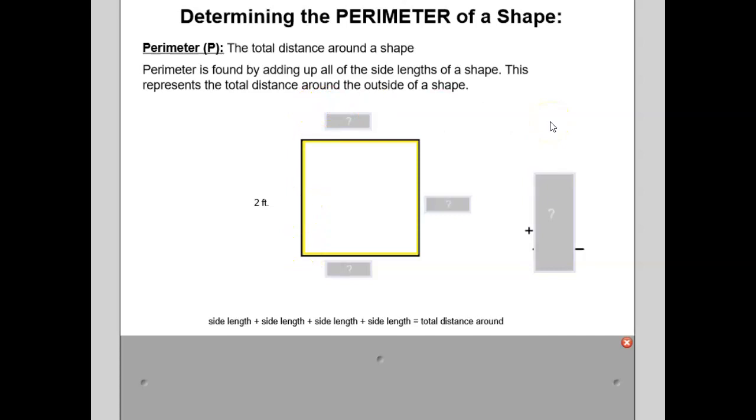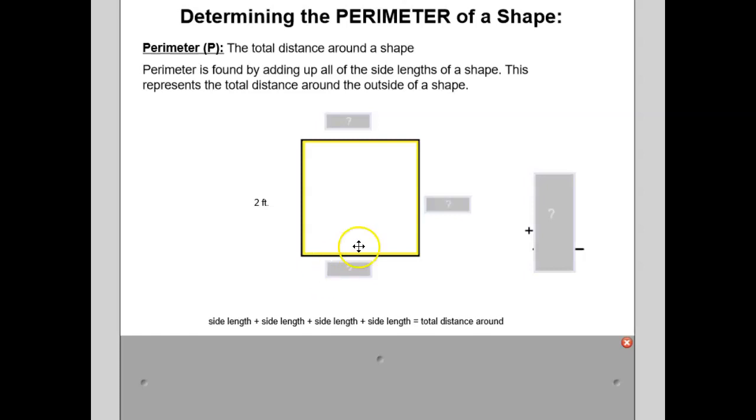So you'll notice that these side lengths are missing. But this shape, this quadrilateral, is classified as a square. So would you please pause the video and write down all of the side lengths of this square? Fantastic.